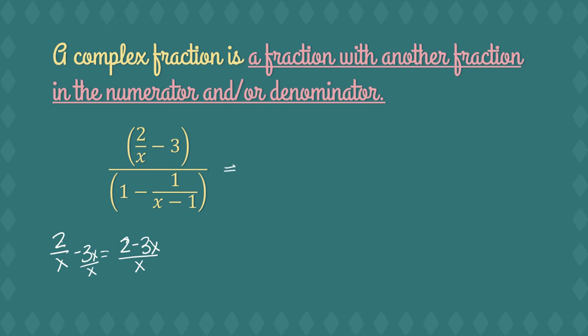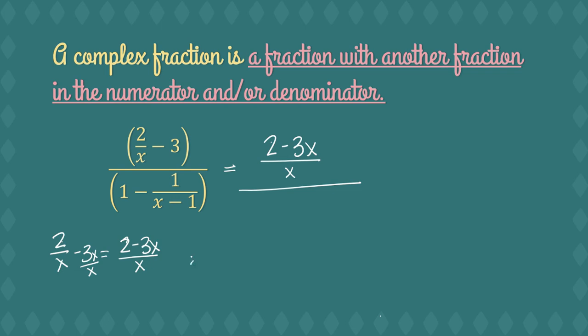So my numerator is now 2 minus 3x over x. That's my numerator, okay? Now I'm going to go back and work with my denominator, and I'm going to try to get this all together into 1.